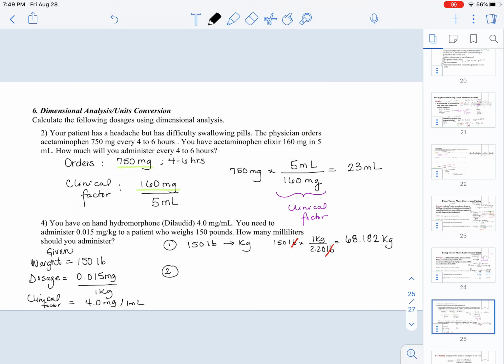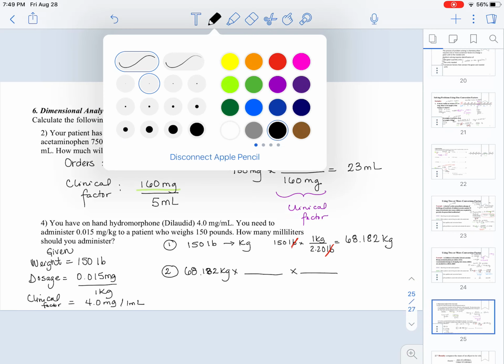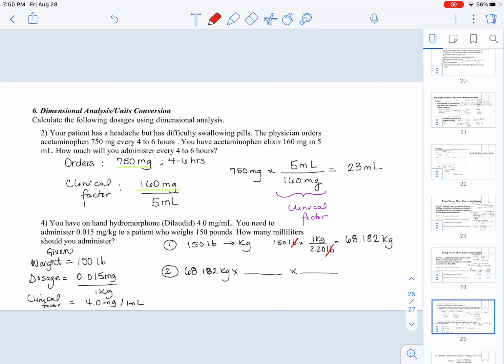Now that I have this result, on step 2, I'm going to be using my dosage and my clinical factor to find out how many milliliters I should administer of this particular medication. So in this case, I have 68.182 kilograms. Then I'm going to do 2 conversions, in which the first one is going to be my dosage, and the next one is going to be my clinical factor.